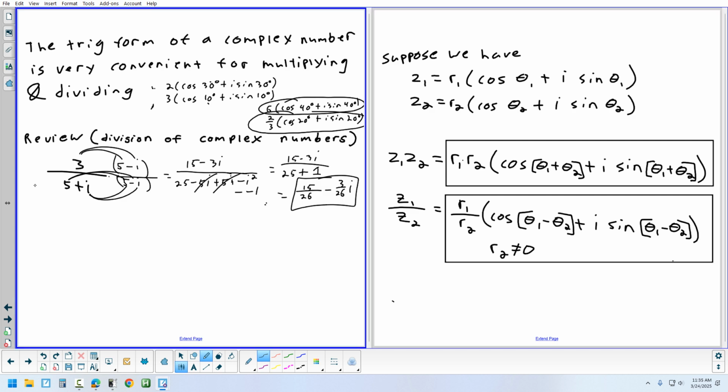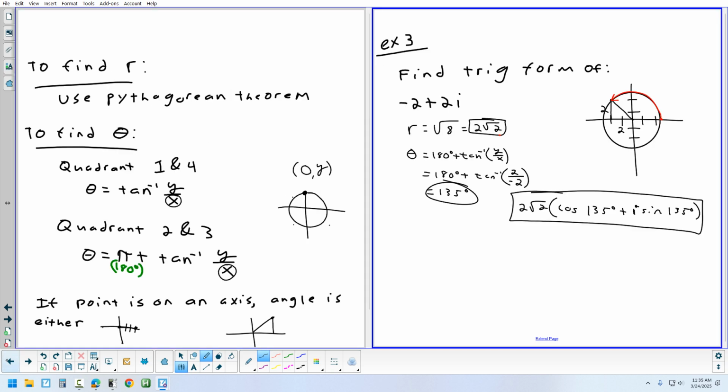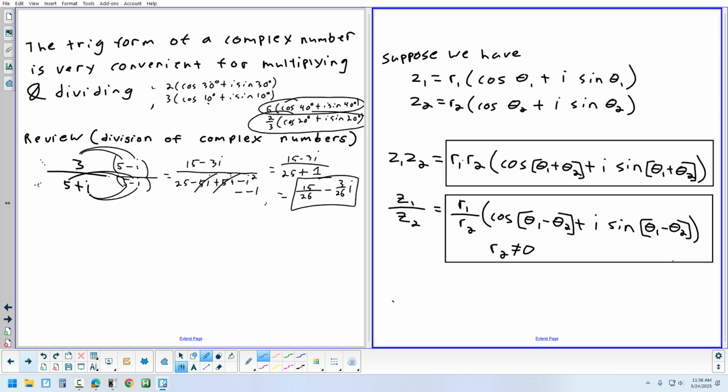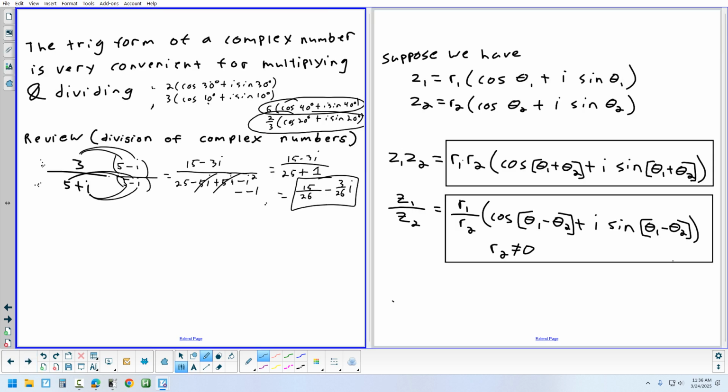So let's do this one, 3 plus 5i. Now, to do that in trig form, I do have to change each one of these numbers into trig form. That's like what we did in example 3, so we're going to have to do example 3 twice. But the top number is easy to change to trig form.